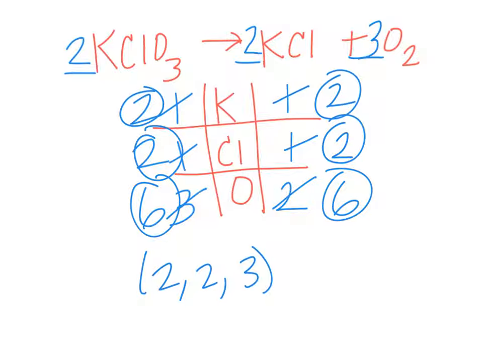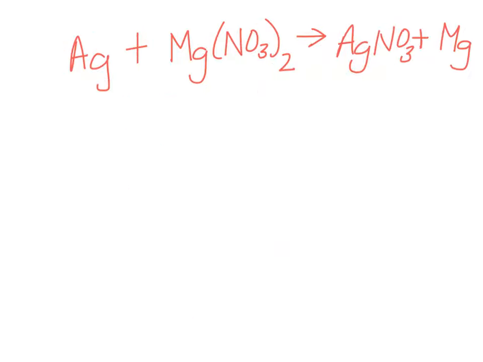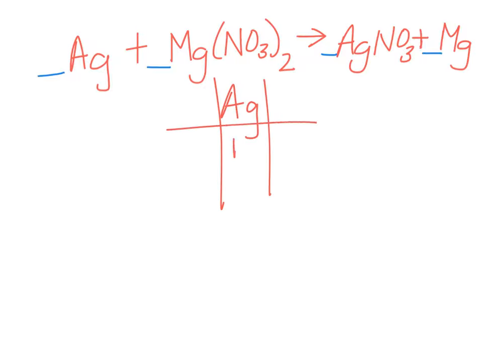Let's do one last example. All right, once again, we can only add numbers in the front. And this time, for your chart, you'll do Ag. Okay, we're going to list all of the elements. So we have Ag, we have magnesium. Now I'm going to teach you a shortcut here.